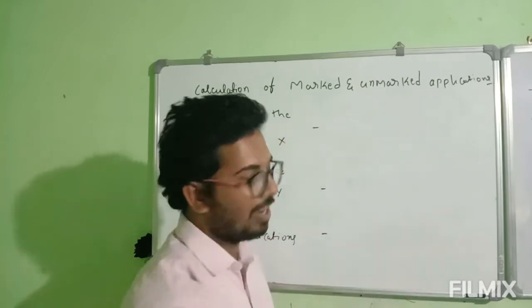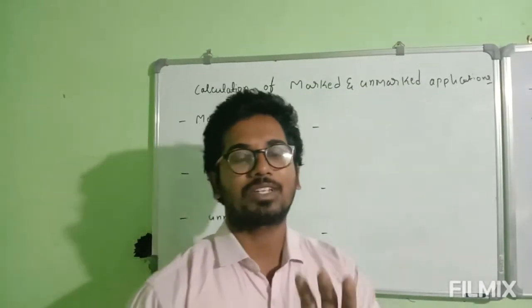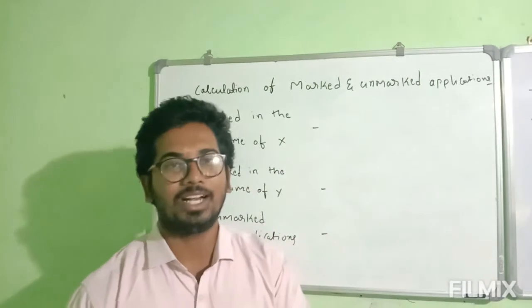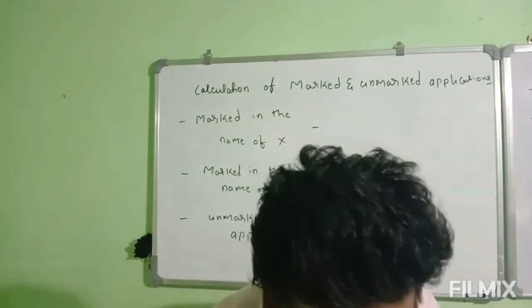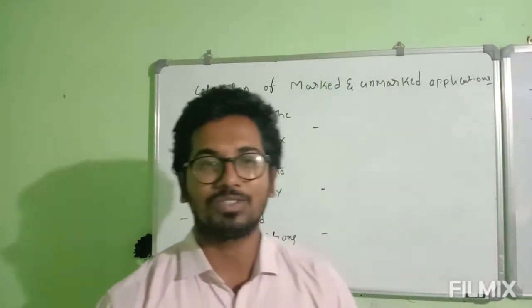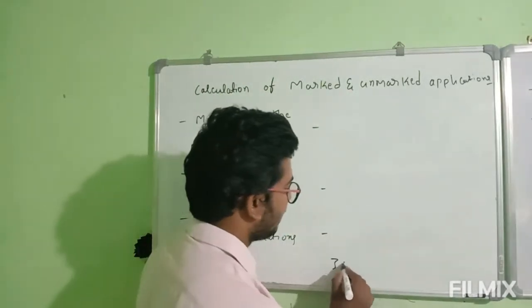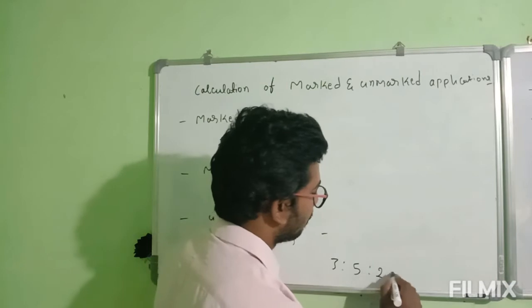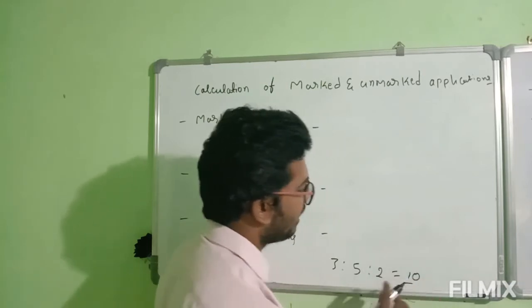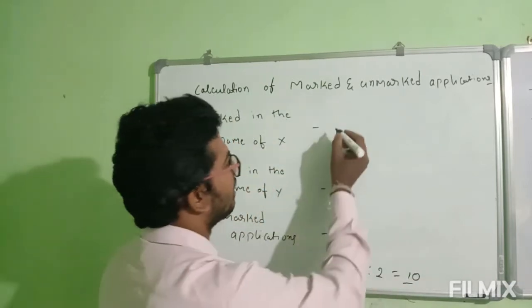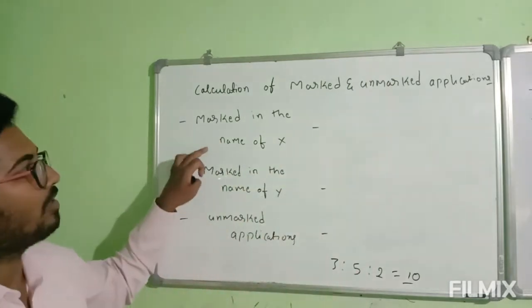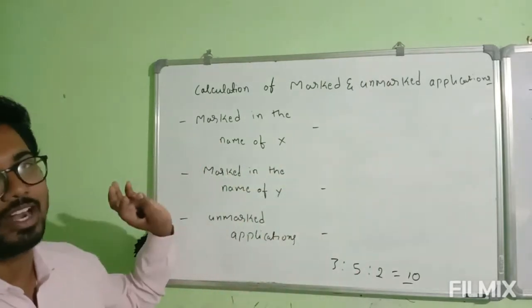So let us allocate the shares subscribed, or public applied shares. Look at the question: public applied for 70,000 shares. In which ratio? 3:5:2. The total comes to 10. So we should distribute in this ratio. First we allocate to X and Y to find the marked applications.